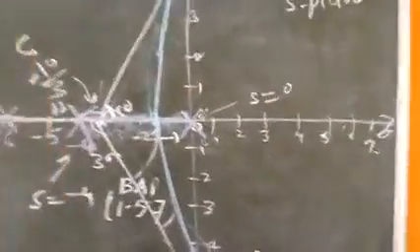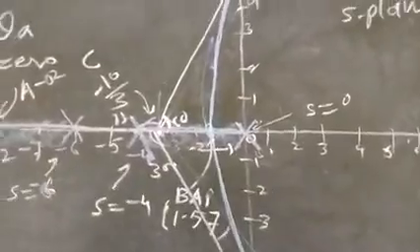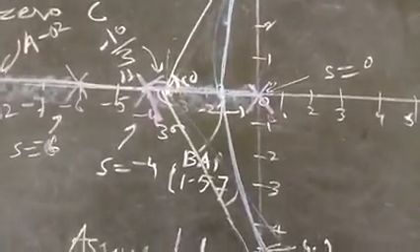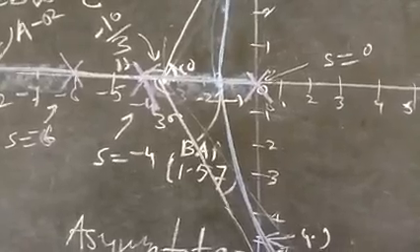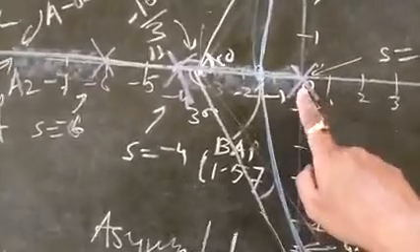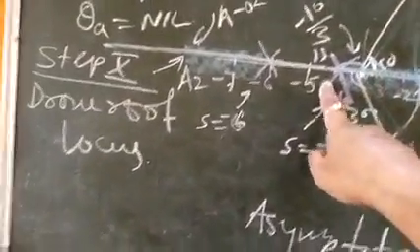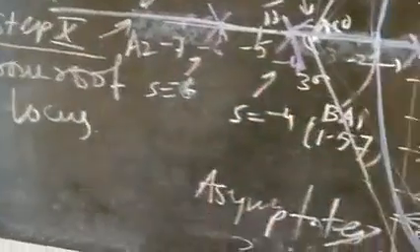So in step number 1, we already determined the open loop poles and zeros. There is no zero, but the open loop poles are: the first pole is s equal to 0, the second pole is s equal to minus 4, and the third pole is s equal to minus 6.